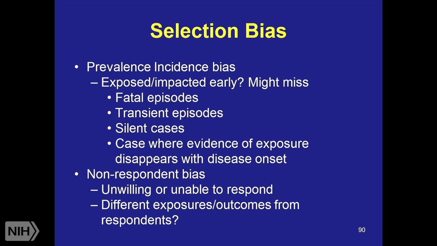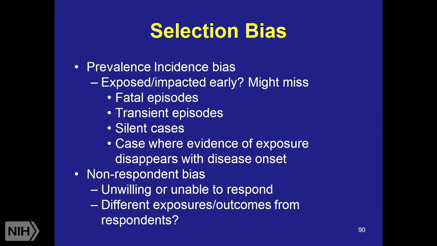But I'll go through a few of the common names that you're going to hear in the next few lectures. Selection bias, sometimes called prevalence incidence bias. If you're exposed or impacted early, I might miss you. Why? The fatal episode. So if I go out to survey who has Ebola right now, if you already died, you don't have Ebola right now, you're dead.